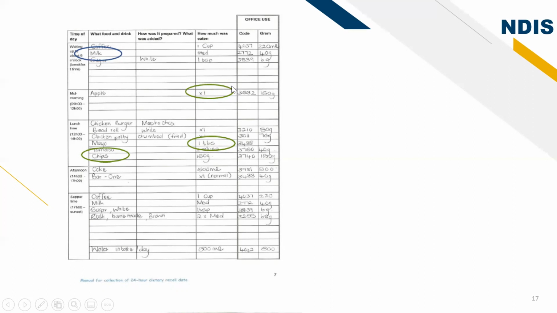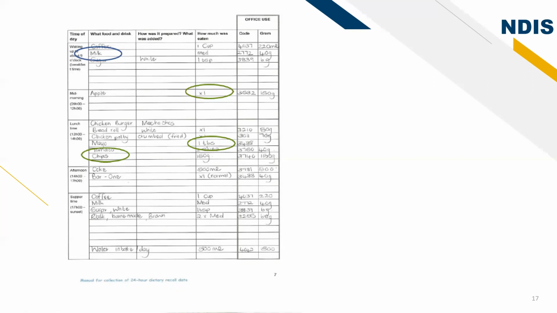Apple over here, they had 1. So this is also about what size apple is mostly consumed. So you will have to make an assumption here of the apple size.